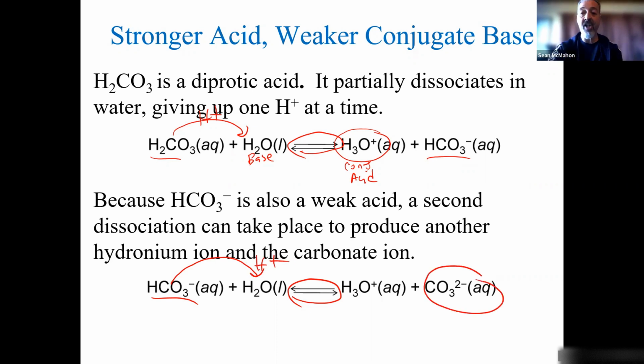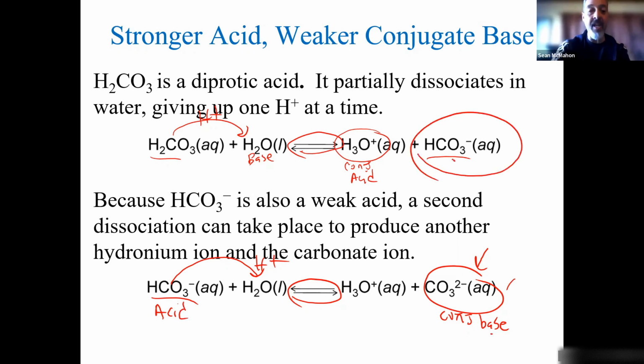If it does that, the carbonate is the conjugate base to the bicarbonate, which in this reaction is an acid. But the carbonate is the conjugate base to the conjugate base bicarbonate to carbonic acid. So believe it or not, carbonate's a pretty strong base. Why? Because it's coming from such a weak acid.